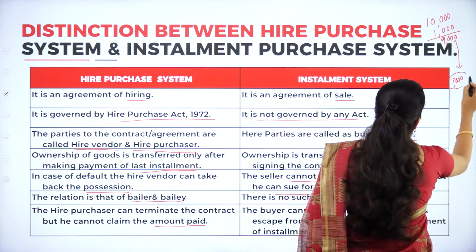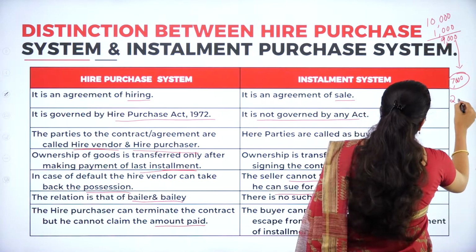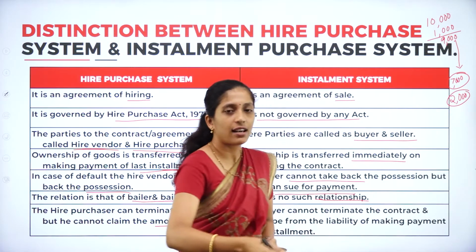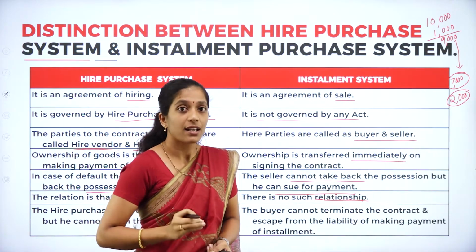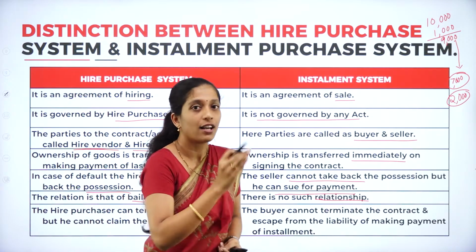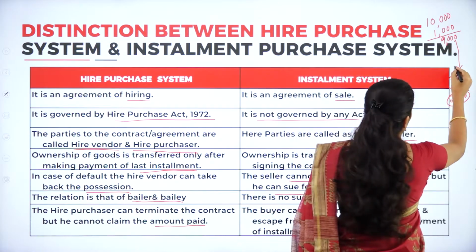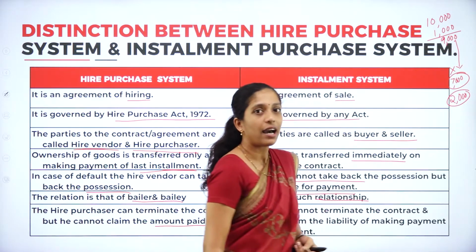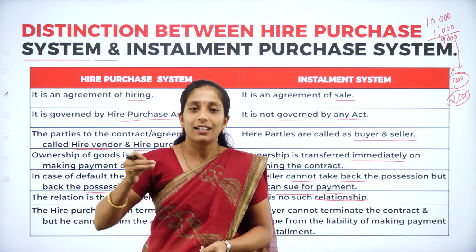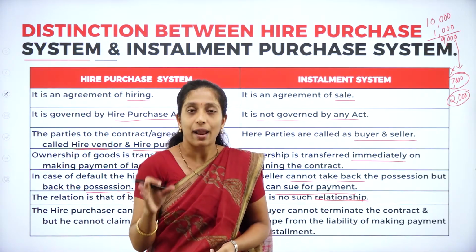So if he fails to pay the rest 2,000, then what will the hire seller do? The hire seller will take back the goods. But 7,000 is already paid by the hire purchaser to the hire seller. So this 7,000 will not go back to the hire purchaser. So here the hire purchaser will not get the amount paid.